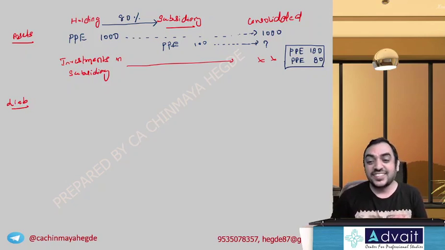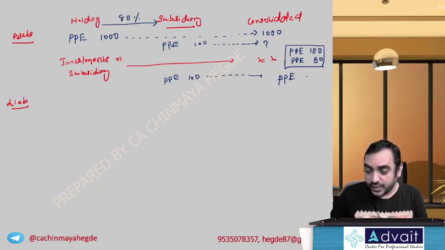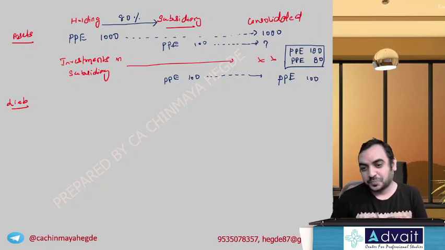What do you think is the reason? Your answer is right. PPE of subsidiary 100 will become 100 only. But my question to you is, why 100? You don't own.